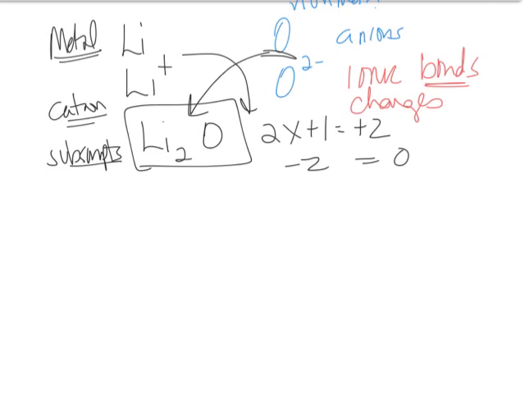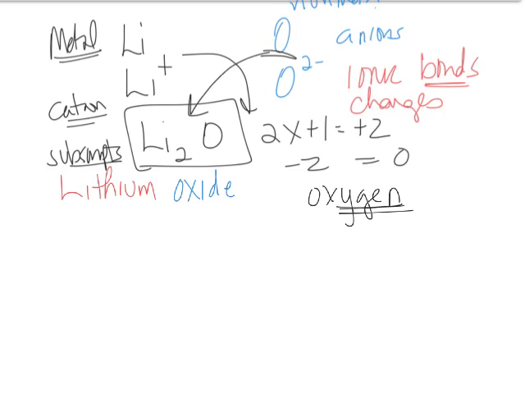Then you've got to be able to write the name. For the cation, you always just look at the periodic table. What's its name? Lithium. And then you'd write lithium oxide. On the periodic table that's oxygen, but you basically drop that, and you always add -ide to the ending in an ionic compound. That is why you need to be able to recognize if you have an ionic compound. Now, that is actually section 3.5.